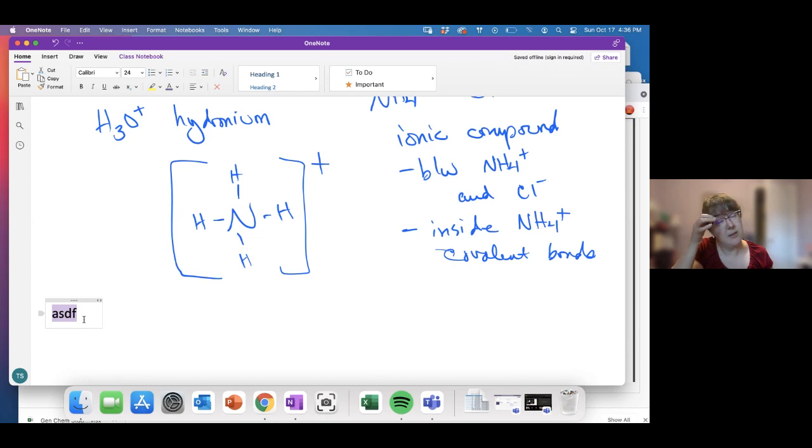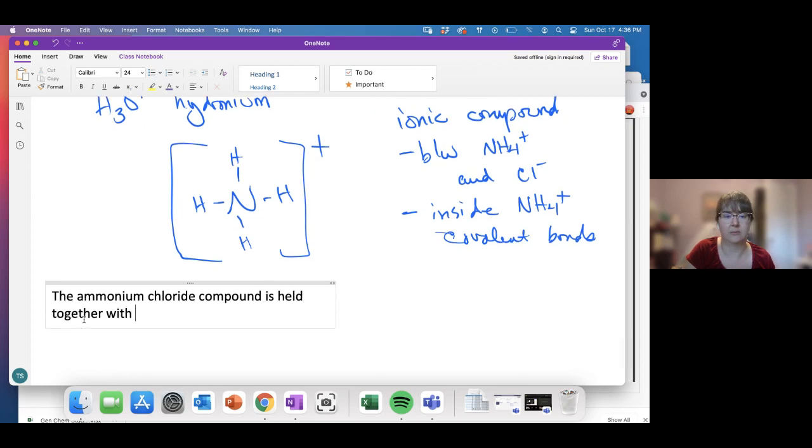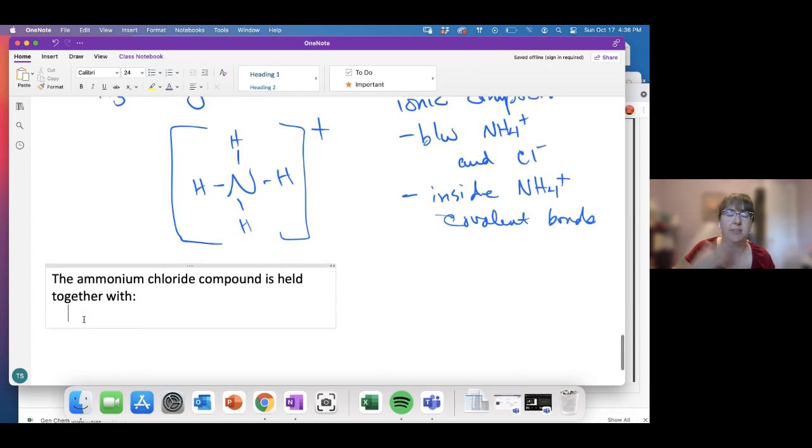So it might say something like this: the ammonium chloride compound is held together with, and then we would have more statements than this, but it might say something like the electrostatic interactions between ions.